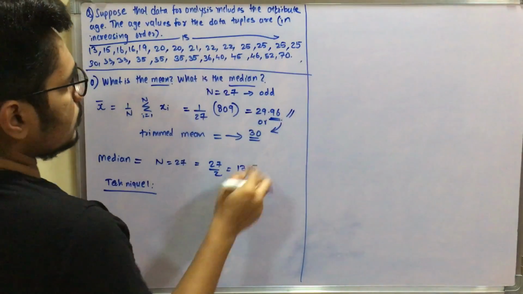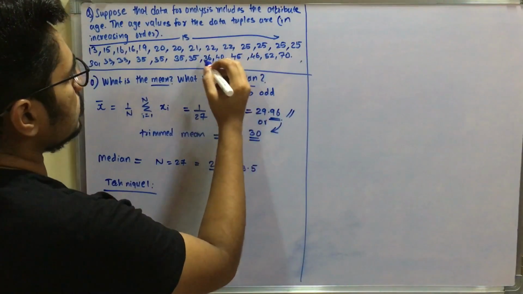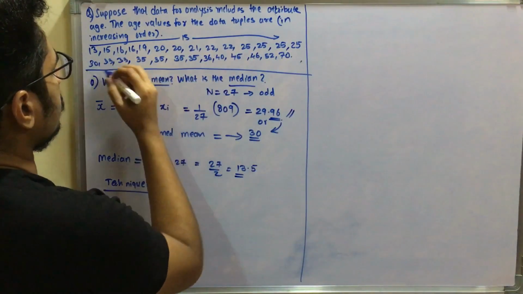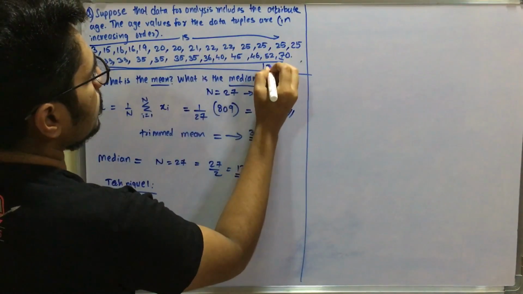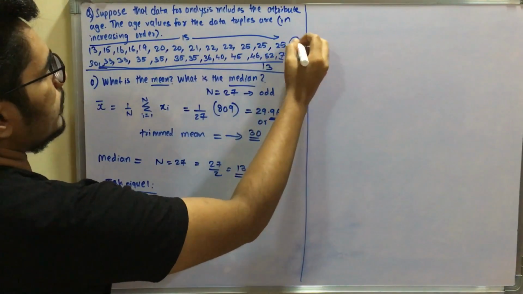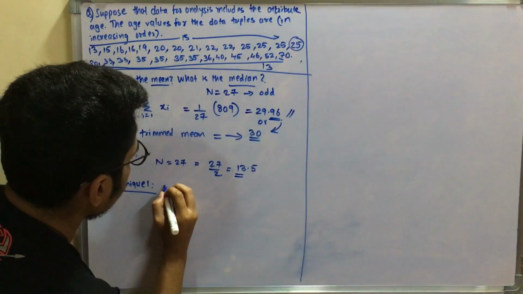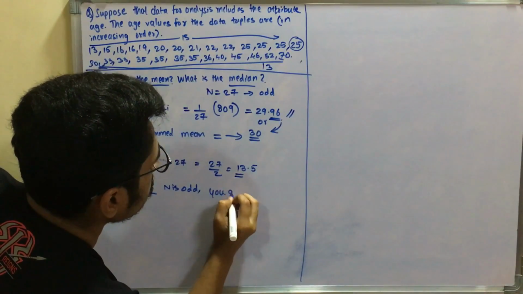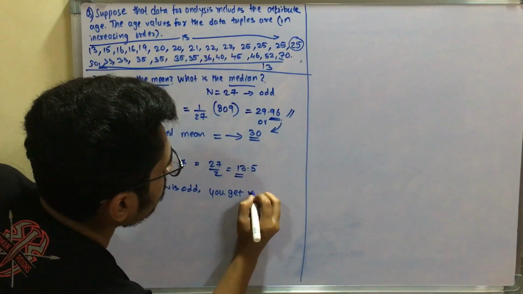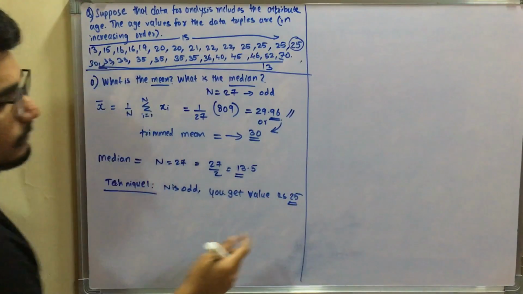Then you count 13 from the right end: 1 2 3 4 5 6 7 8 9 10 11 12 13. These are the next 13 values counted from the right, and so you have one center value, that is 25. By observation, since n is odd, you get the median as 25.